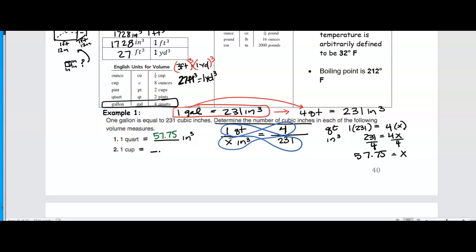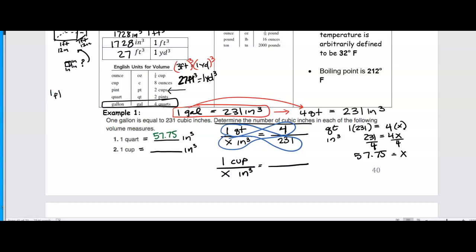Okay. So we can do the same thing for the one below. 1 cup equals how many cubic inches? So I'm going to set up a fraction and write 1 cup equals x cubic inches. I know that 231 cubic inches are in 4 quarts. So let's see if we can figure out how many cups are in a quart. It looks like 2 cups are in a pint.